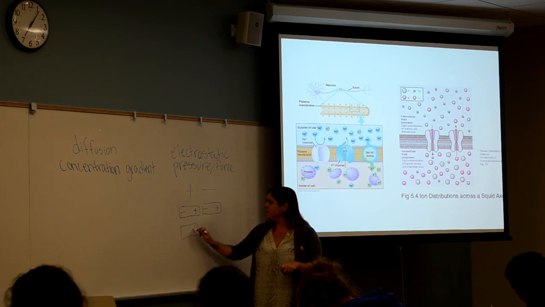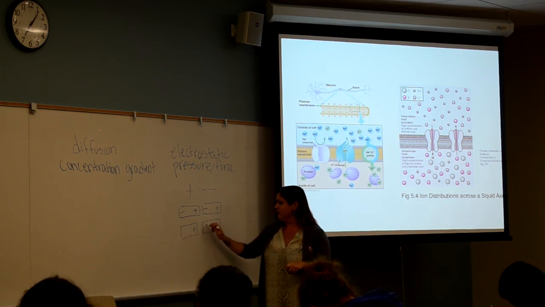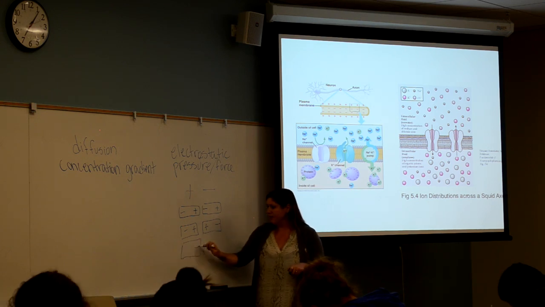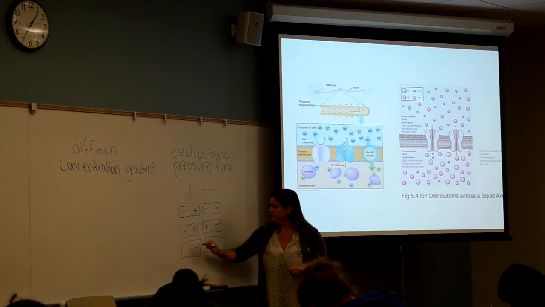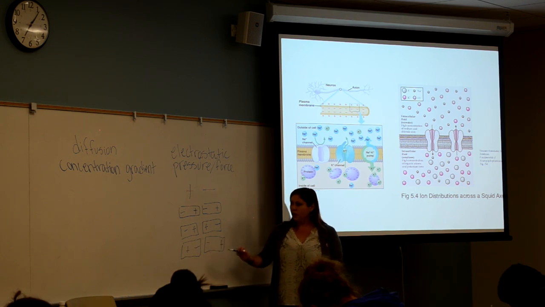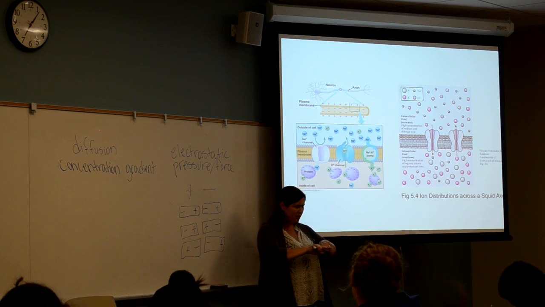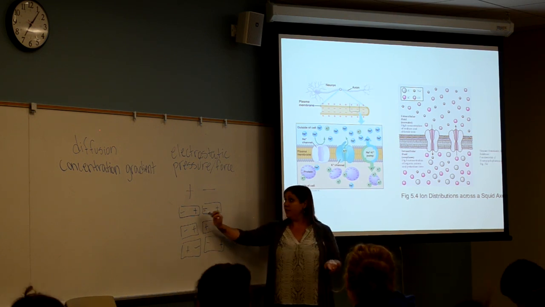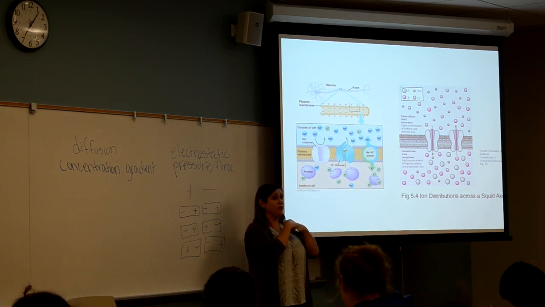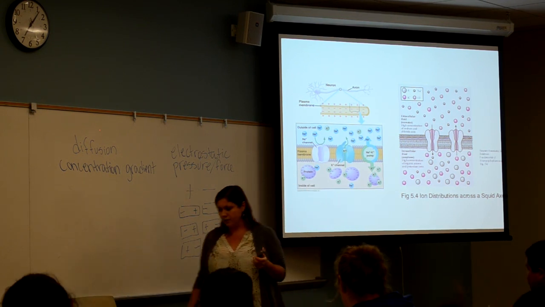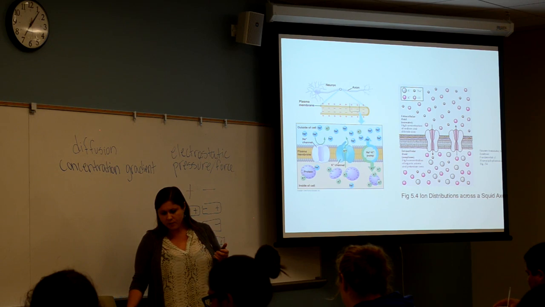That's because you were either putting the two positive ends together or the two negative ends together. So negatives don't like negatives, they push each other away. Positives don't like positives, they push each other away. But negatives and positives love each other and come together. That's electrostatic pressure or electrostatic force.